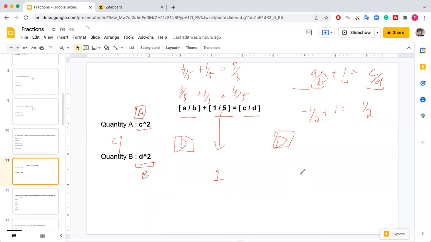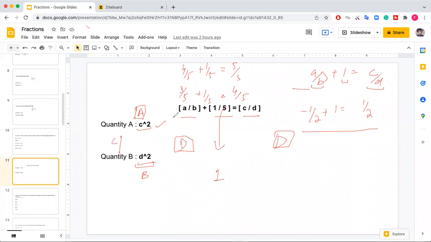Got the point? And in case these are positive integers, if they are positive, then in that scenario quantity A is greater. So always keep in mind the nature of the variable given.